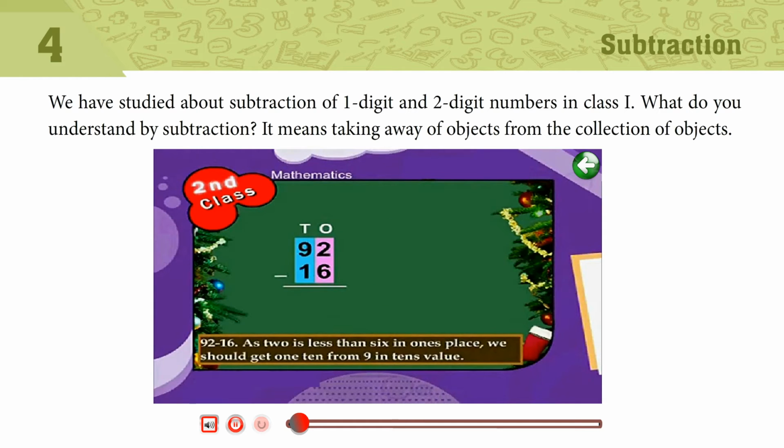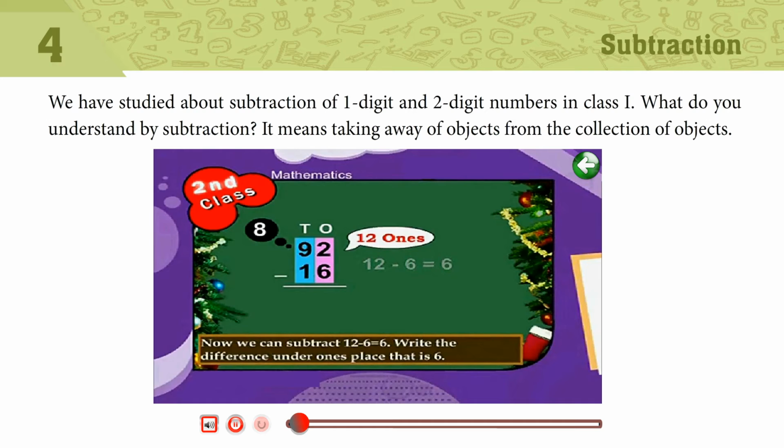92 minus 16. As 2 is less than 6 in ones place, we should get 1 ten from 9 in tens value. Out of 9 tens, 1 ten is transferred. We get 10 ones plus 2 is equal to 12 ones. Now we can subtract 12 minus 6 is equal to 6.